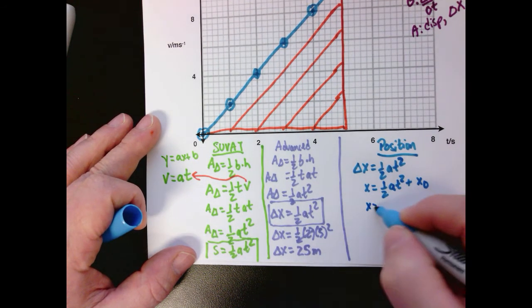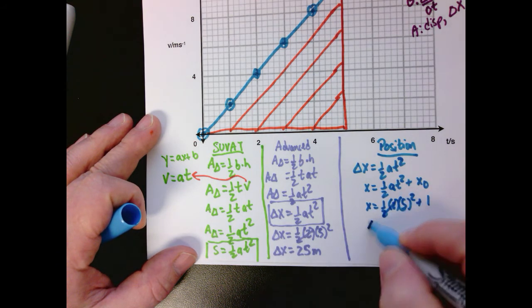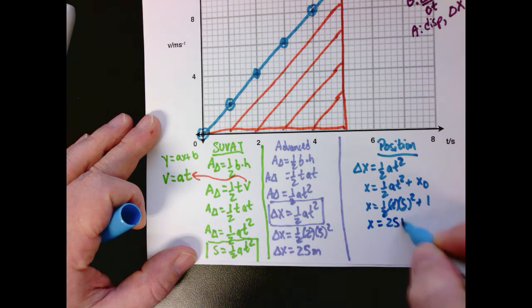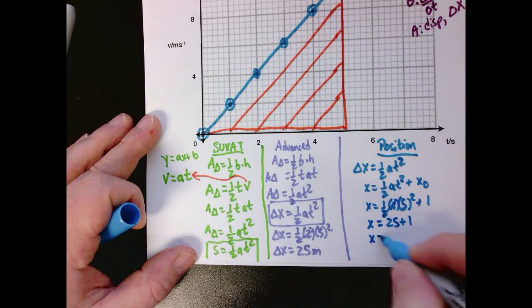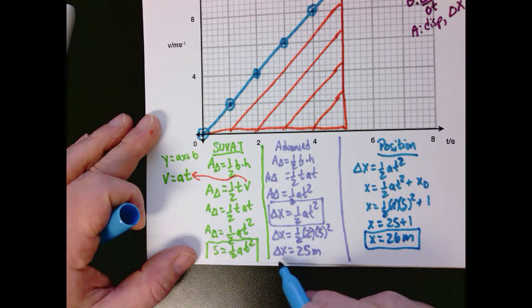So we get x equals 1/2 of 2 times 5 squared plus 1. So x is 26 meters. Position is 26 meters. The displacement is 25.